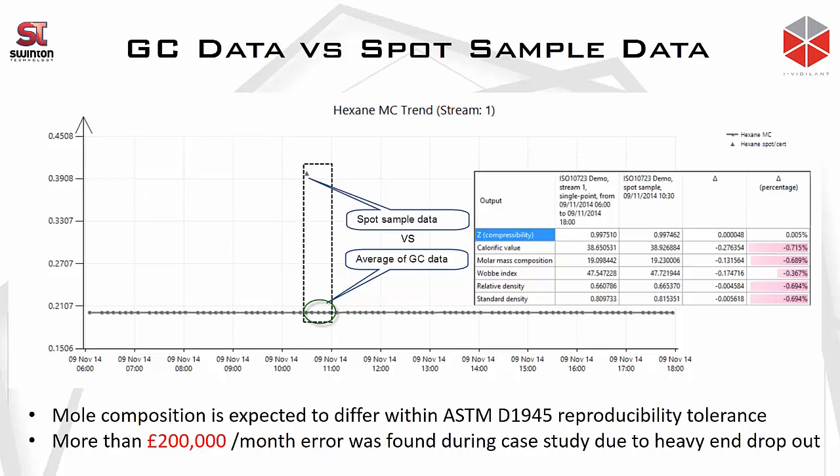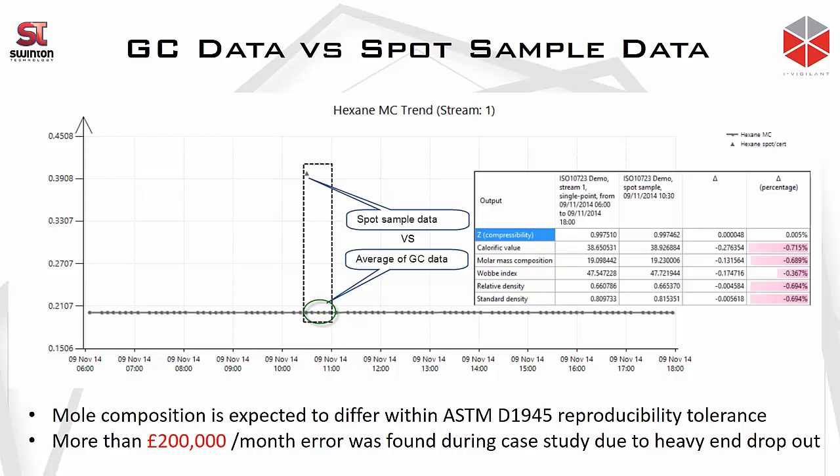Now, the other place where we use this is when nitrogen is good, we don't see any air contamination. A lot of times we actually see heavy-end dropout, especially in the North Sea here, because the place is really cold and there's not enough heating done in the sample letdown system. The impact is heavy-end dropout in the sample letdown system.